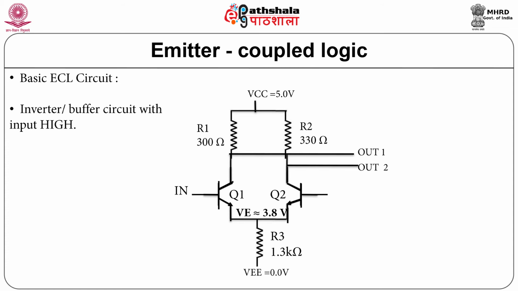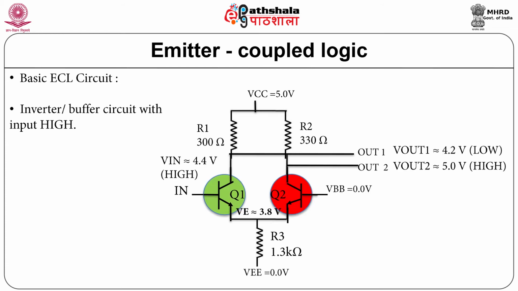The supply voltages for this are VCC 5 volt, VBB 4 and VEE 0, and the input low and high levels are defined to be 3.6 and 4.4 volt. This circuit actually produces output low and high levels that are 0.6 volt higher, that is 4.2 and 5 volt, but this is corrected in real ECL circuits.